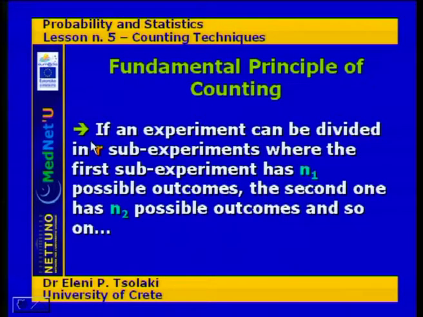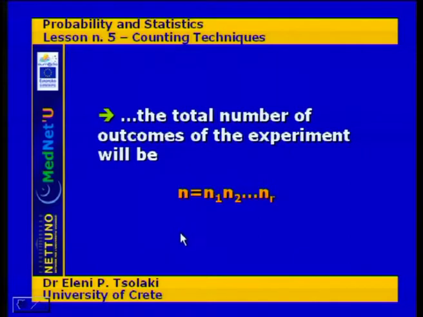We have that if an experiment can be divided into r sub-experiments, where the first sub-experiment has n1 possible outcomes, the second one has n2 possible outcomes, the third one n3, and so on, and these outcomes are independent of one another, then the total number of outcomes of the experiment will be n equals n1 times n2 times up to nr.